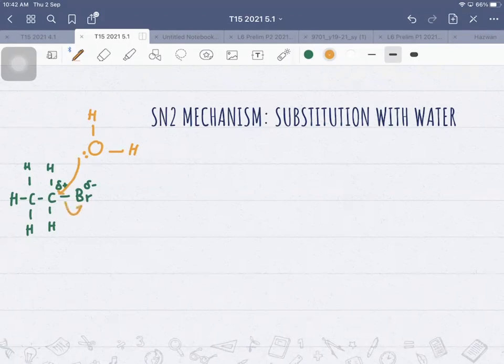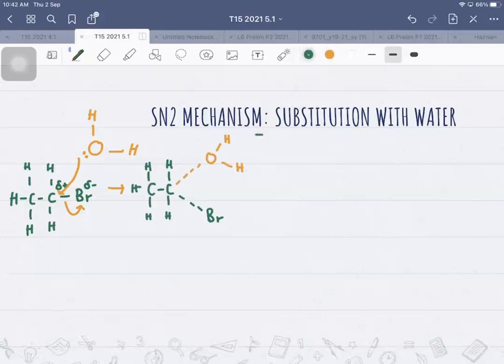That means the carbon-bromine bond must be broken. That brings us to a transition state. A transition state is where you have 5 bonds around the carbon. One is in the process of making, one is in the process of breaking.